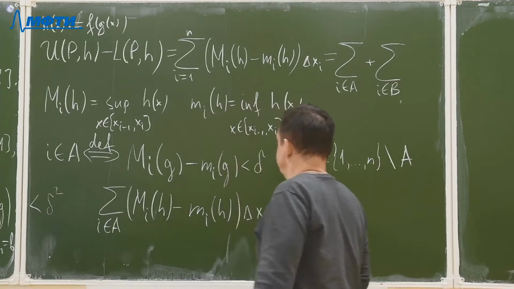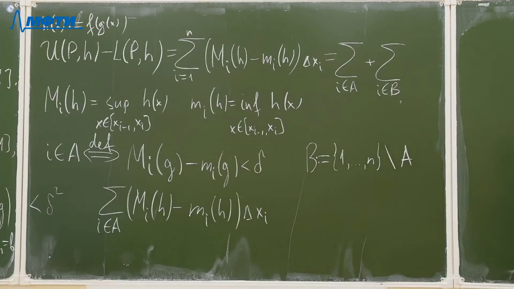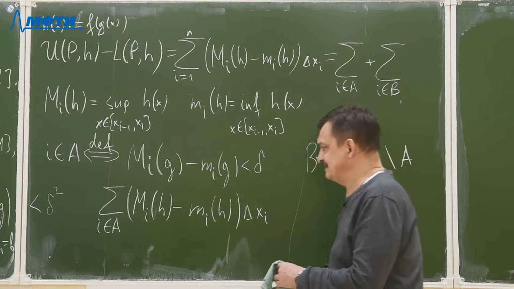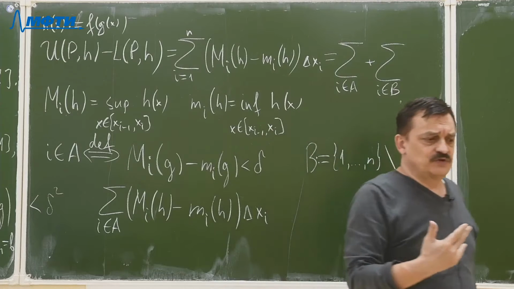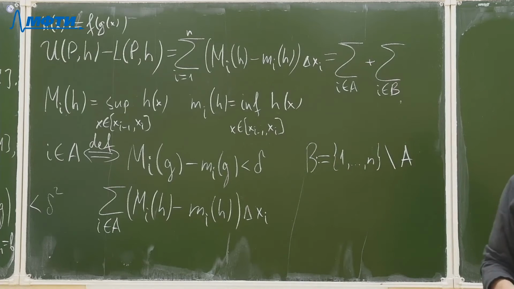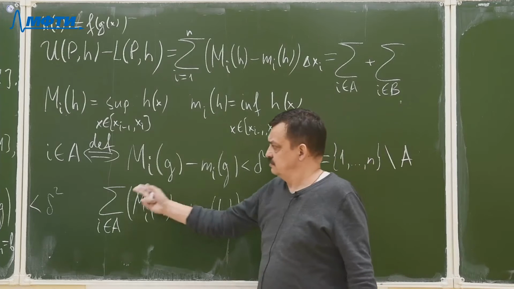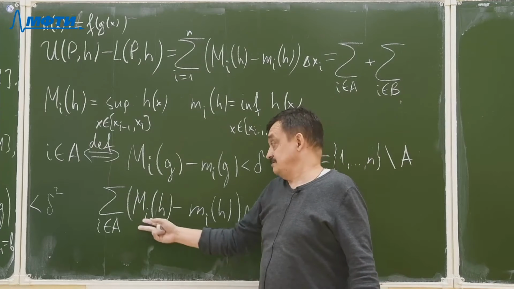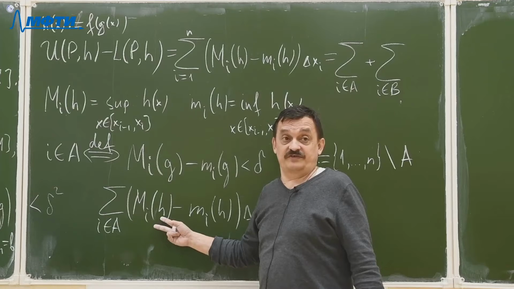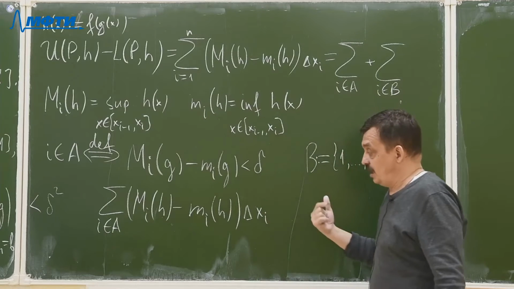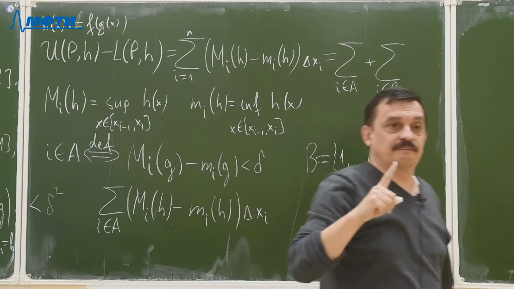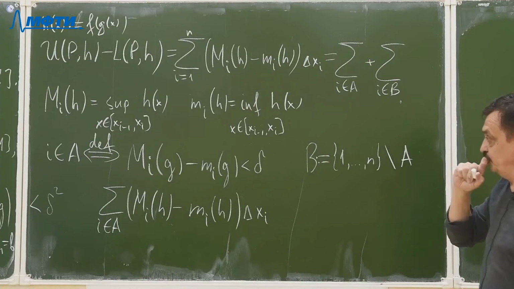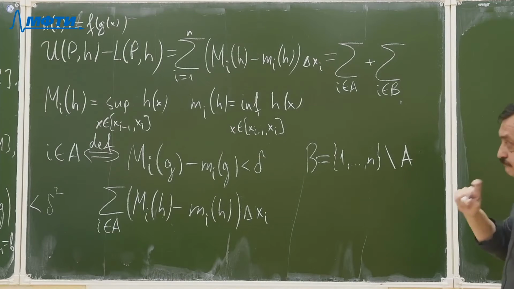We are interested in understanding what is the difference between the supremum, so roughly speaking the maximal value of this function h, and the infimum. And what is h? h is, recall, f of g of x, right? So look, what happens here?